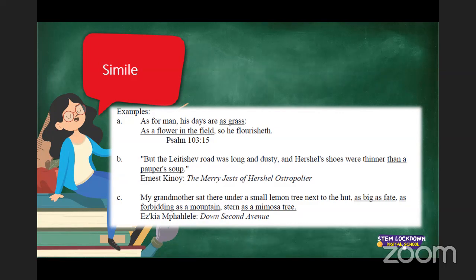And then if you look at B: But the road to Litishev was long and dusty, and Herschel's shoes were thinner than a pauper's soup. That's by Ernest Kino, in The Merry Jests of Herschel Ostropolier. And the third one: My grandmother sat there under a small lemon tree next to the hut, as big as fate, as forbidding as a mountain, stern as a mimosa tree.